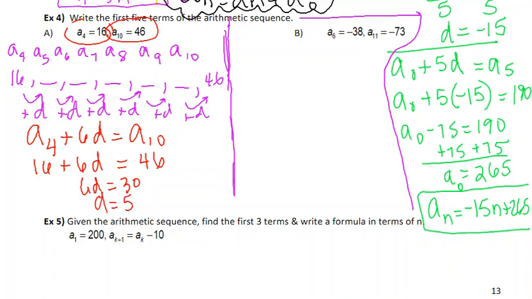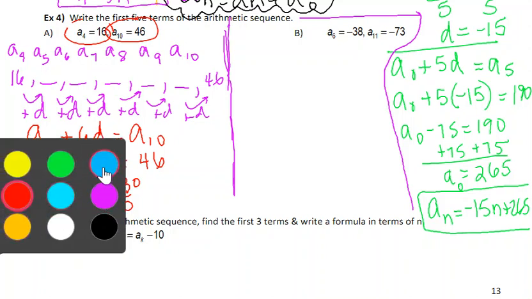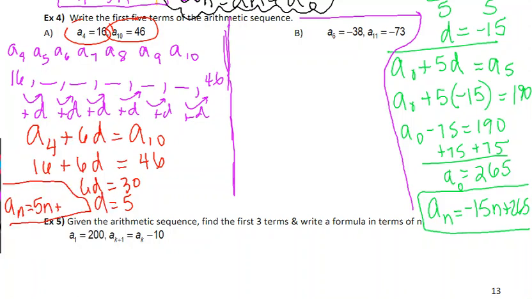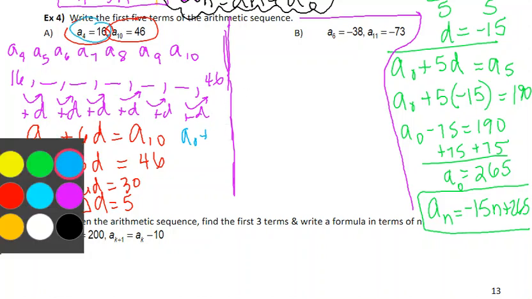So when you go to write your equation, a sub n equals 5n plus what I need is my 0th term. What I think you need to do is do the exact same thing that we just did, but relate the 0th term to whatever term they give you. So I'm going to relate it to the fourth term. I usually try to choose the closer one.